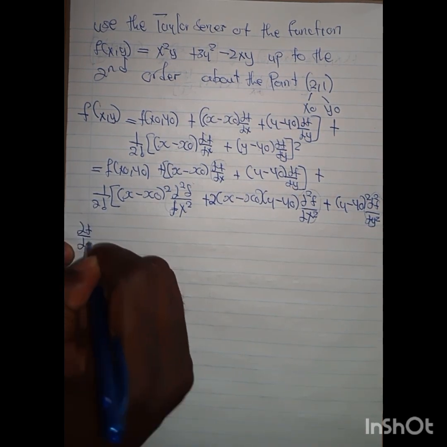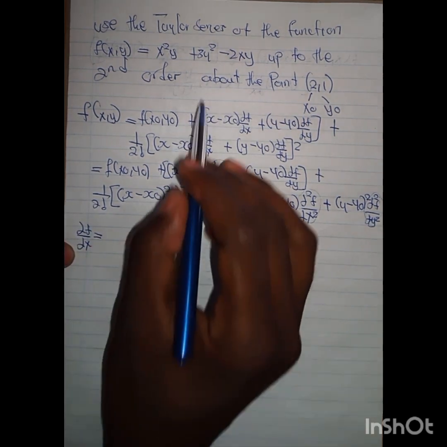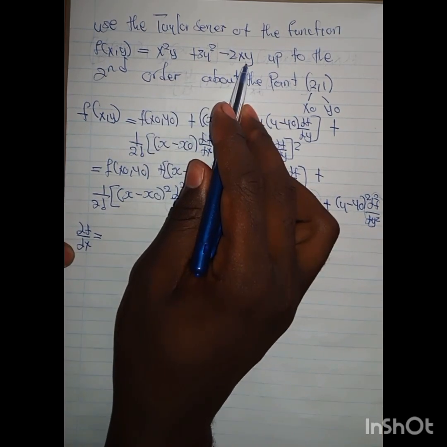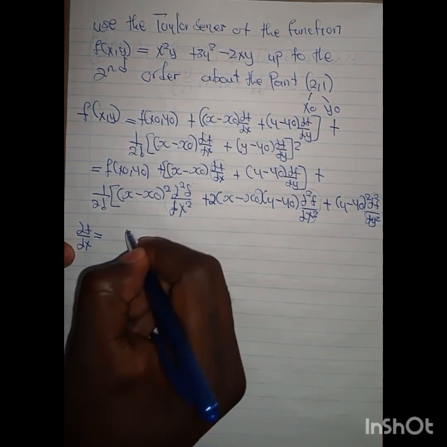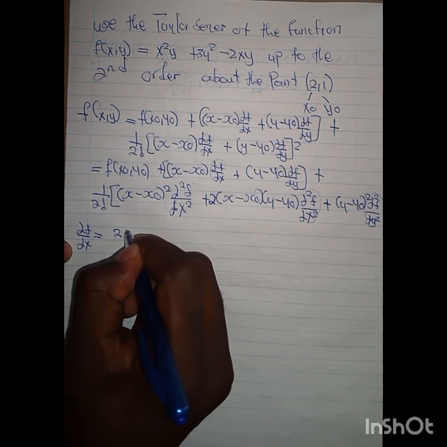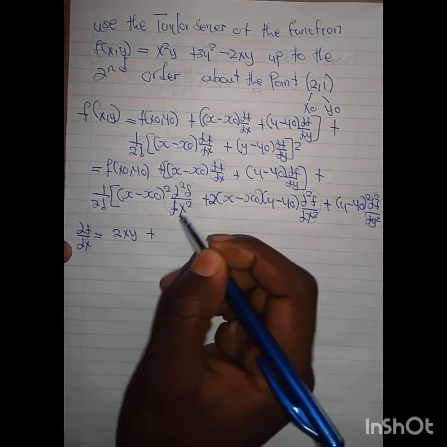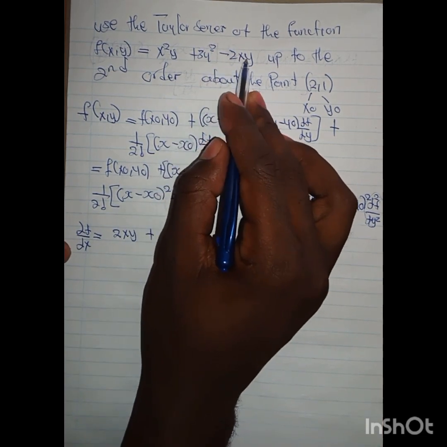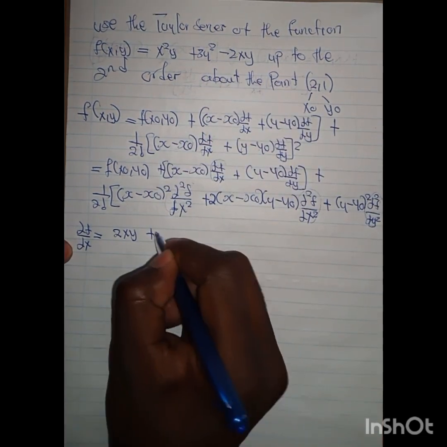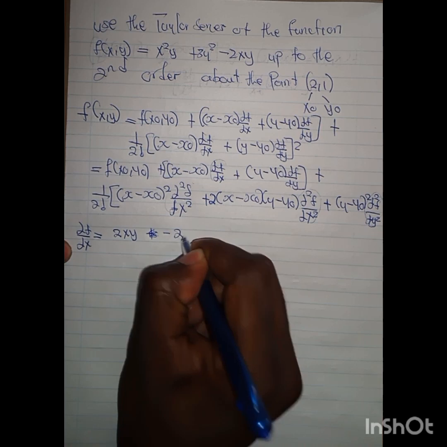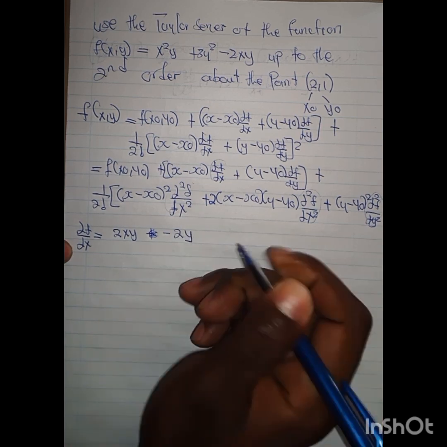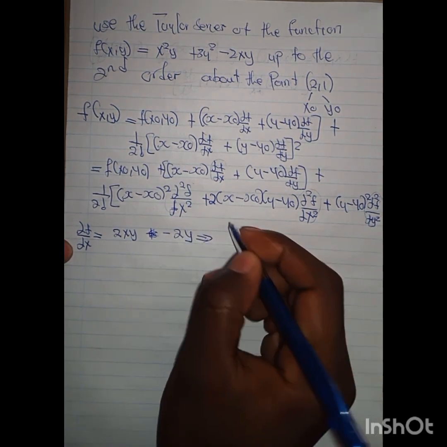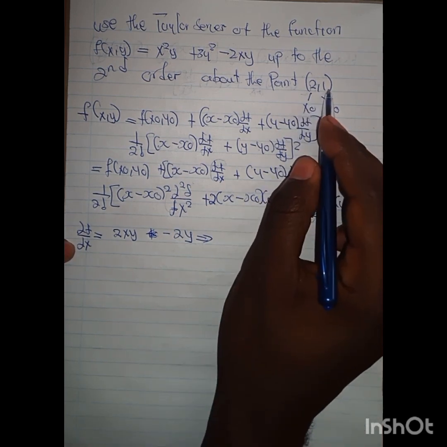df dx. For df dx, we differentiate this equation with respect to x. So when we differentiate with respect to x, we are going to get 2xy plus this treated as a constant, it's a 0. Then we differentiate this part with respect to x. So this will give me minus 2y. And then at the same time, we substitute the point 2 and 1.